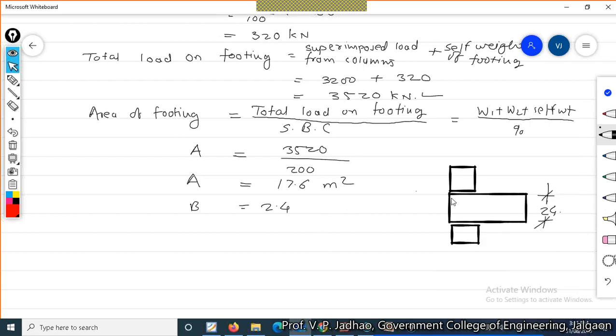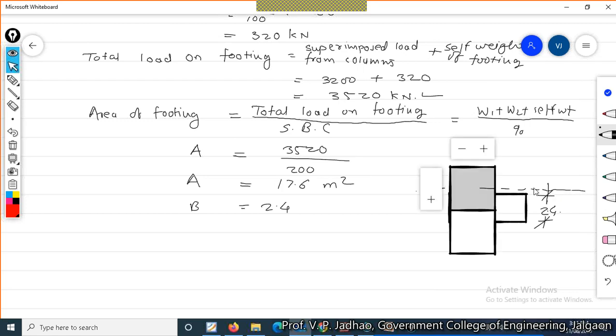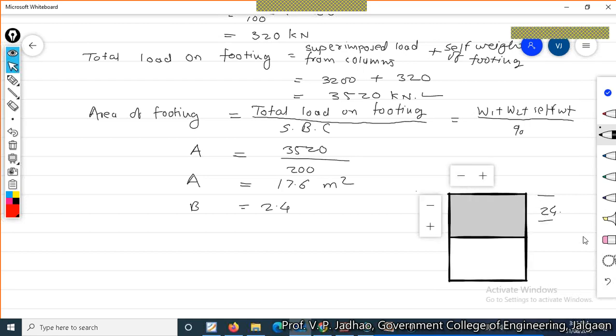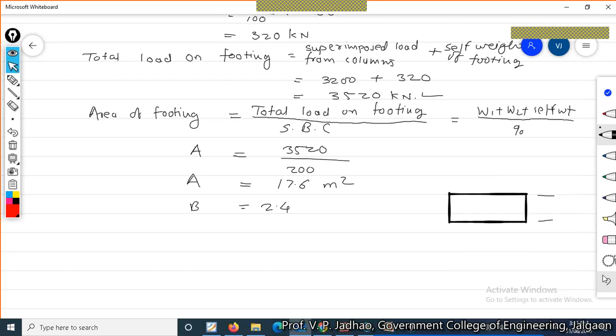Or there may be a property line here, where your property ends on this side. Therefore you have been given some limitation on this width.